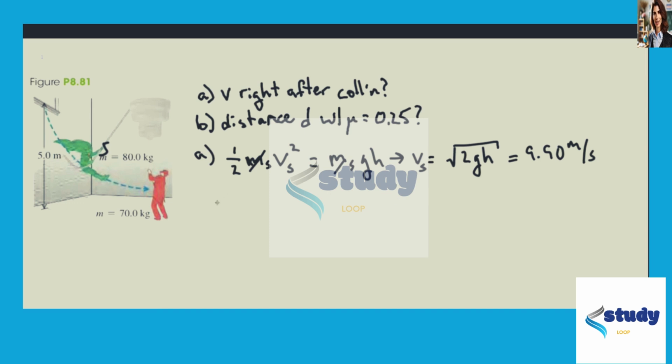So now with the collision, the initial momentum is the mass of the stuntman times the speed we just found, and that has to be equal to their total mass times the speed at which they start moving together.